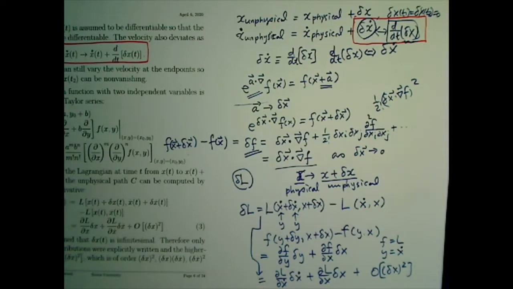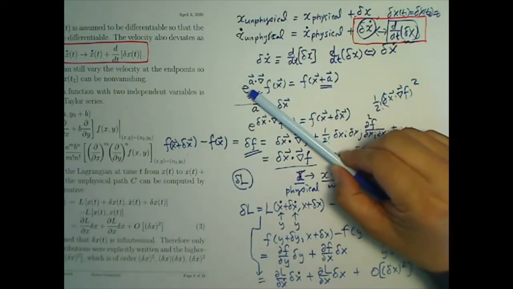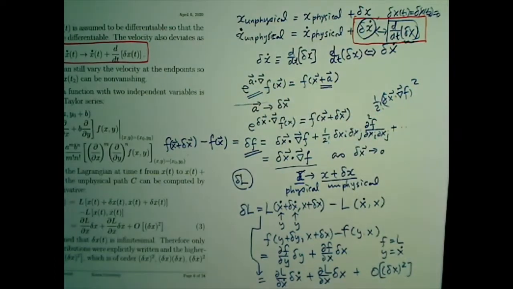So we can apply the method of Taylor series expansion for the multivariable function. We recall that the shift of a function by an amount a can be made by multiplying the exponentiated operator to f of x.